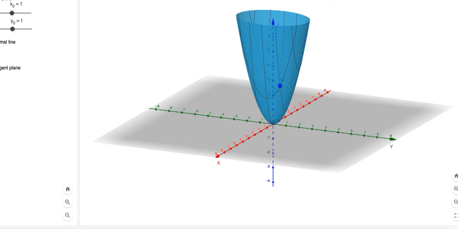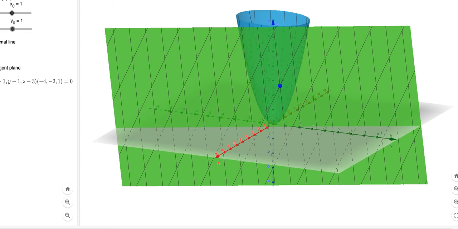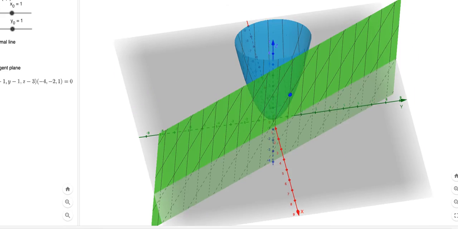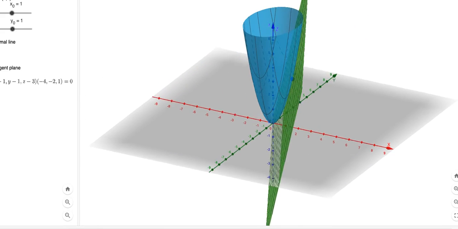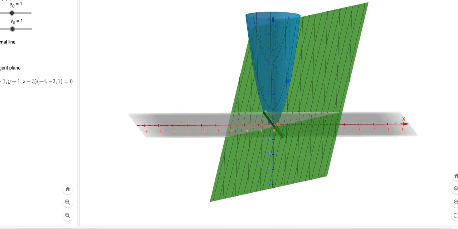And now I'm going to bring this tangent plane into the picture. So here it is. Now let me rotate the view so we can get a better idea how it looks.